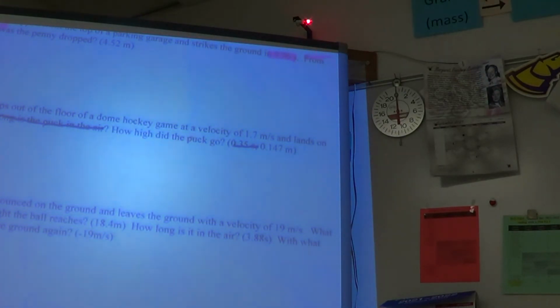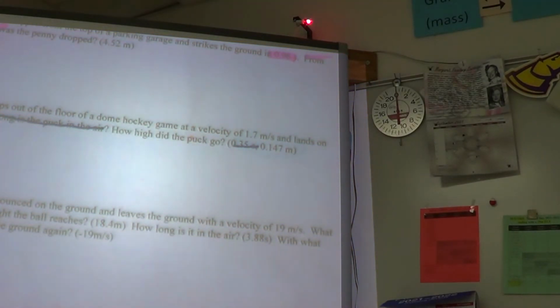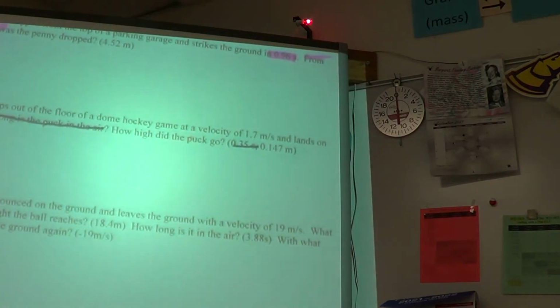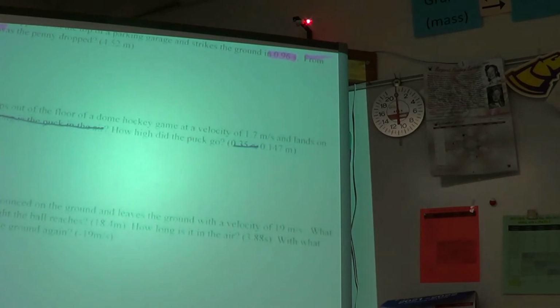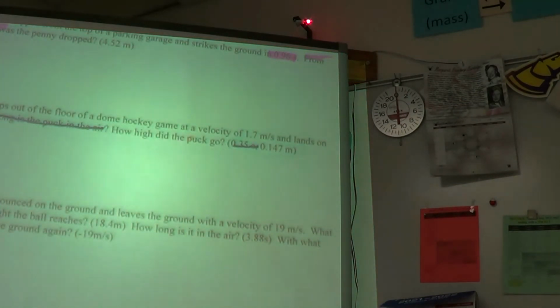So in-class problem number 10 reads, the puck pops out of the floor of a dome hockey game at a velocity of 1.7 meters per second and lands on the table. How high, notice I crossed off the first question, how high did the puck go?